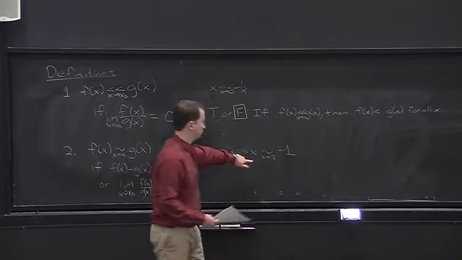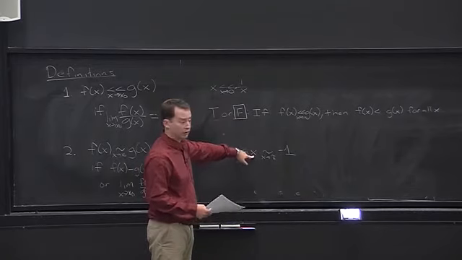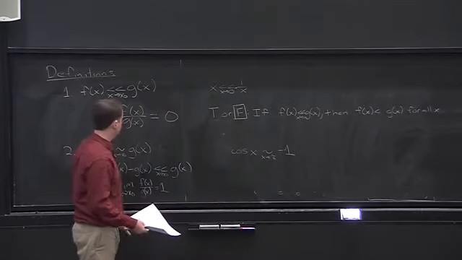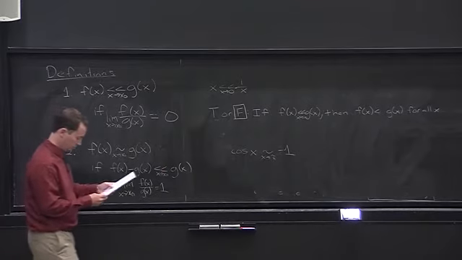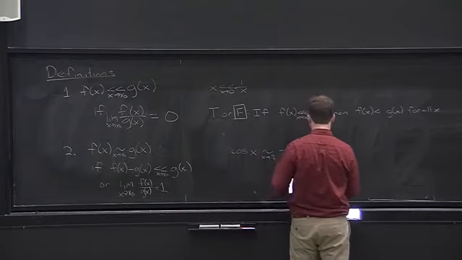So cosine of x is equal to -1 at pi, and approaches that smoothly. So this limit is 1. Let's do another couple of examples.